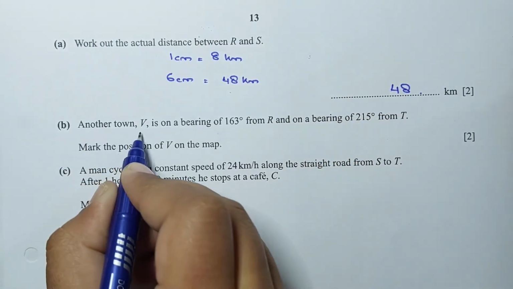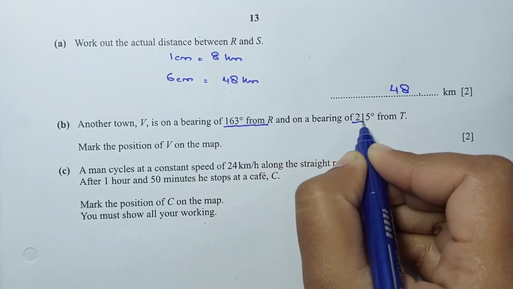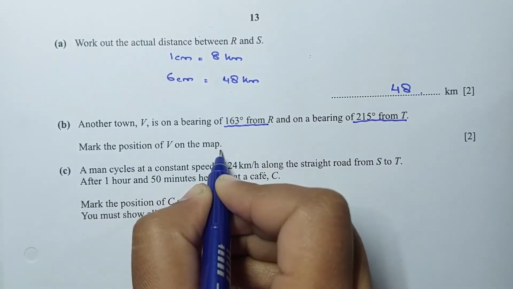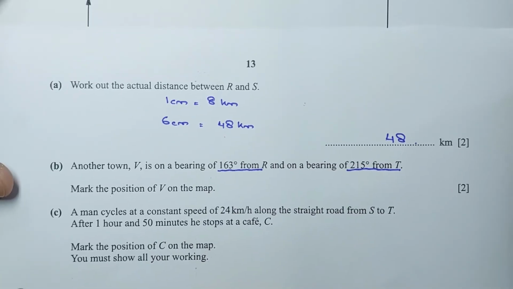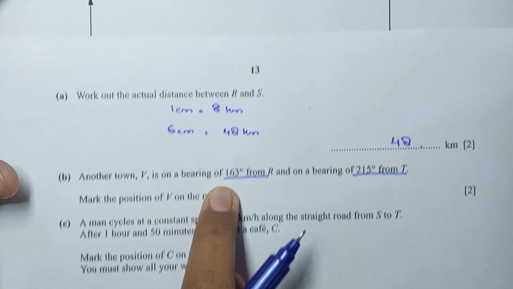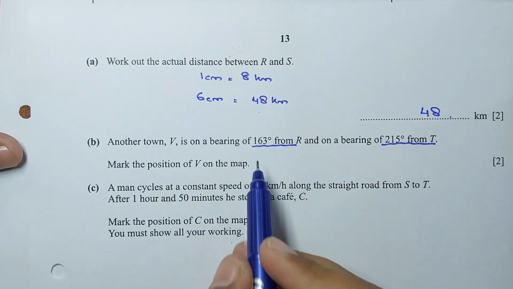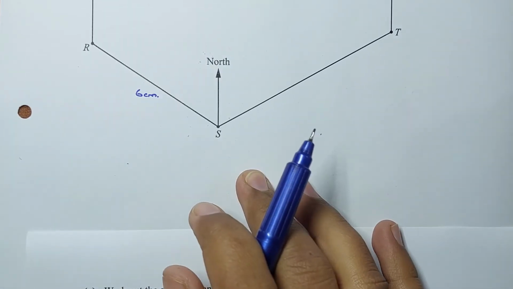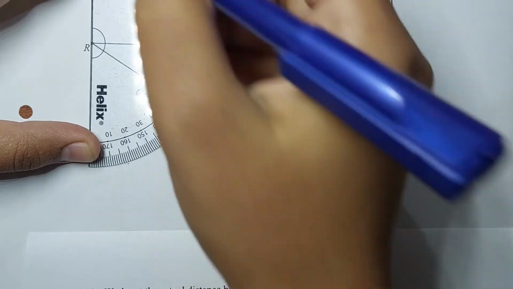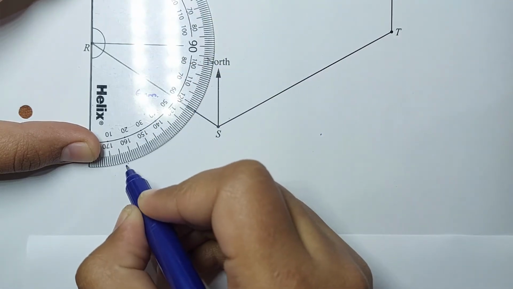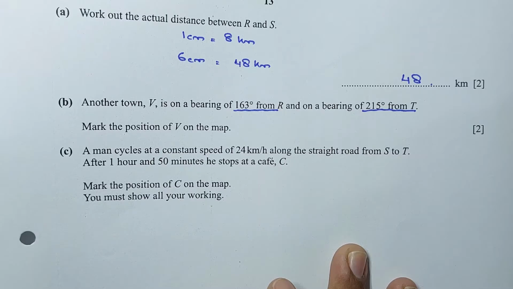Now for part B, another town V is on the bearing of 163 from R and on the bearing of 215 from T. Mark the position of V on the map, R and T. So this is R and this is T, and the town V is on the bearing of 163 degrees from R. So from the north line, this is 160, 1, 2, 3, this is 163 from R, and from T it is on the bearing of 215.